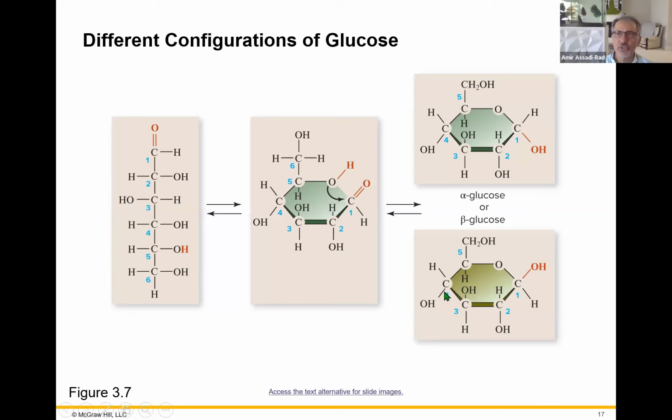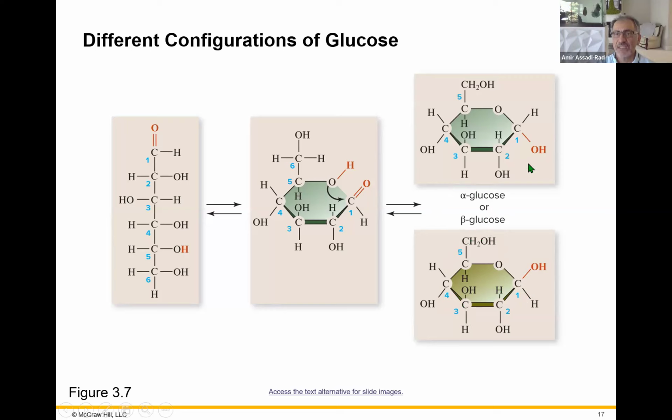You should know there is a difference between alpha glucose and beta glucose. This is not galactose, this is not anything else. This is alpha glucose and beta glucose. What is the difference? Carbon number one, everything else is alike, but they highlighted for you carbon number one. The OH is on top for beta.